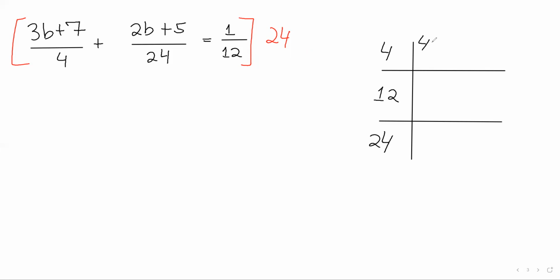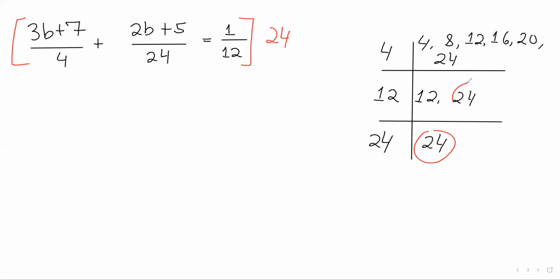So multiples of 4 would be 4, 8, 12, 16, 20, 24. Multiples of 12 would be 12, 24. 24 times 1 is 24. Perfect. So 24 divided by 4 gives us 6 times 3b plus 7.